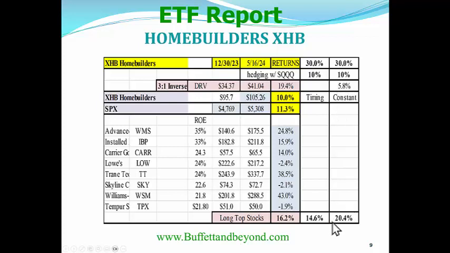But had we used it, we'd be up 20.4%. But it's supposed to be losing money in a situation, especially when the home builders is going down. The inverse hedge should not be going up. This should be going down. We just don't know how much.